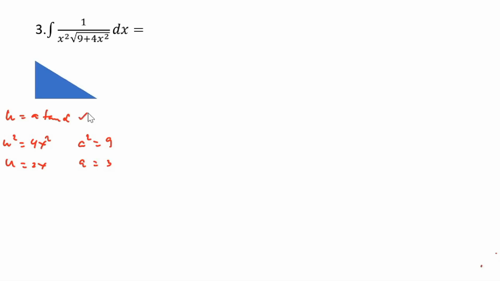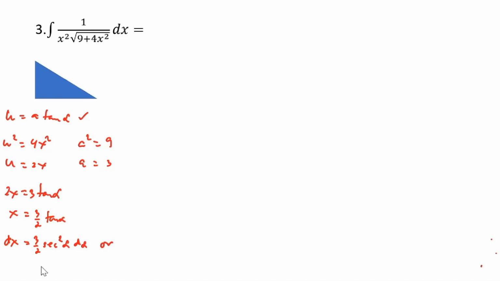So using this formula, u equals 2x, which means 2x is equal to a tangent alpha, where a is 3. Solving for x, I have x equals 3 over 2 tangent alpha. Then we take the derivative. The derivative of x is 1, so dx is just equal to 3 over 2 secant squared alpha d alpha.